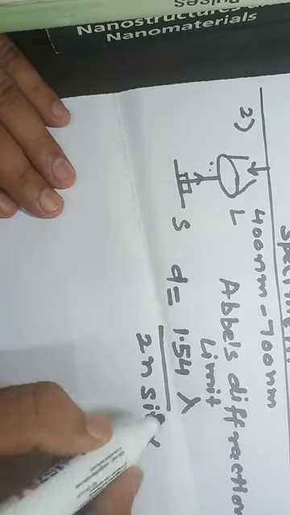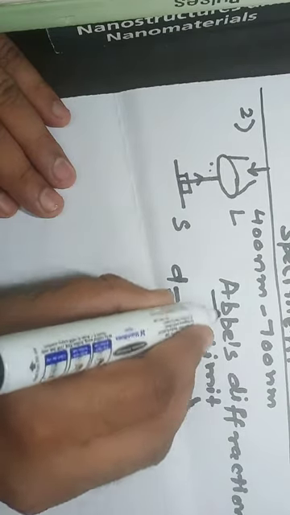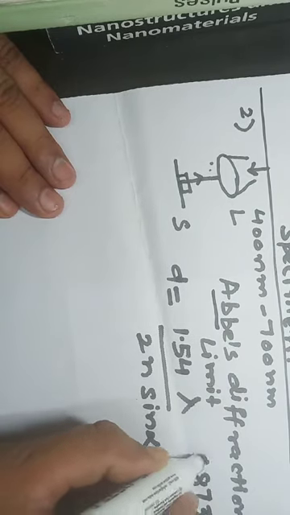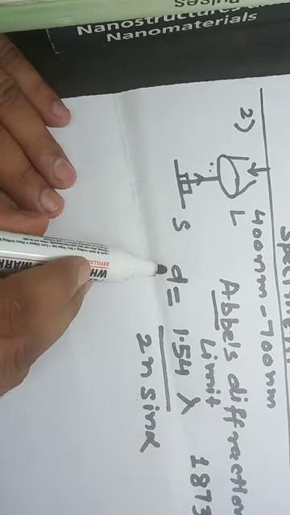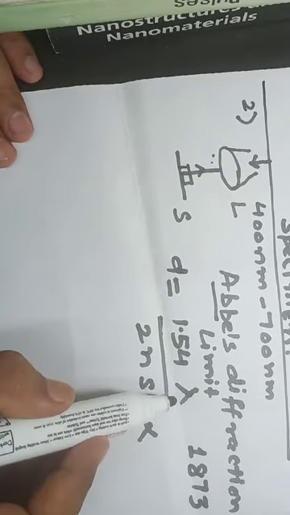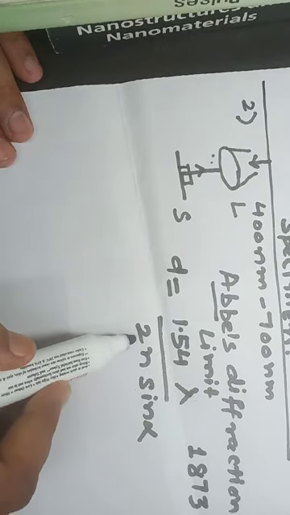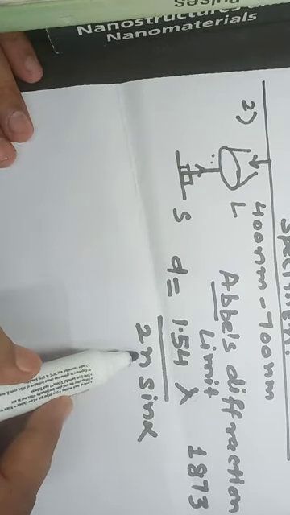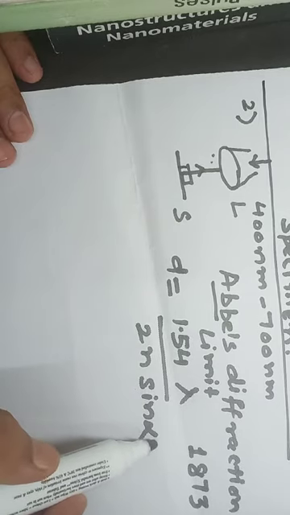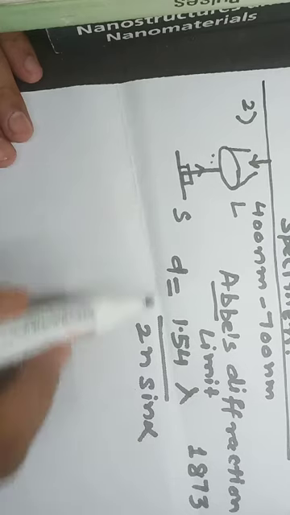So this is the equation that was given by Abbe in 1873, and what he told is that the optical resolution of the optical microscope depends on the incident wavelength lambda, n is the refractive index of the material, and alpha is the angle subtended by the microscope objective onto the surface of the sample.